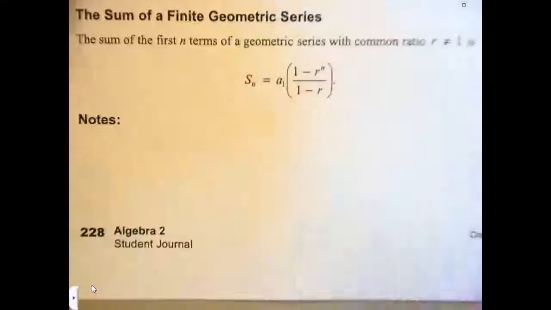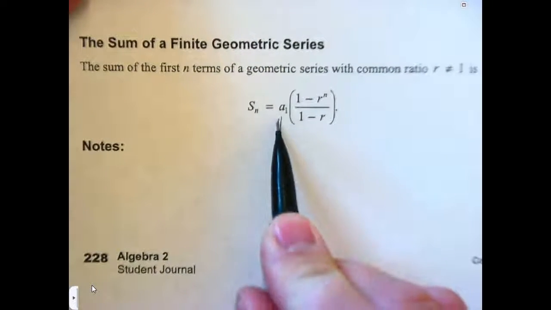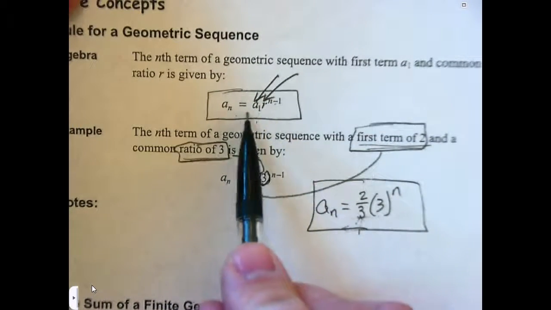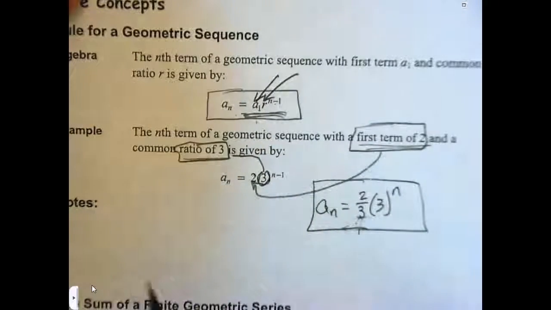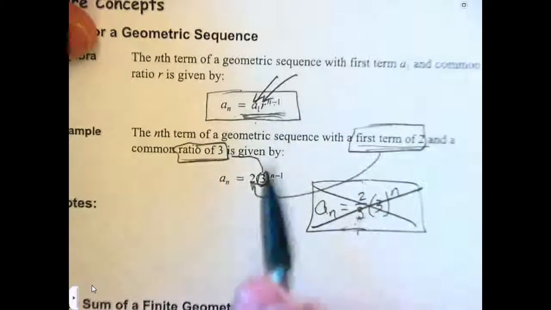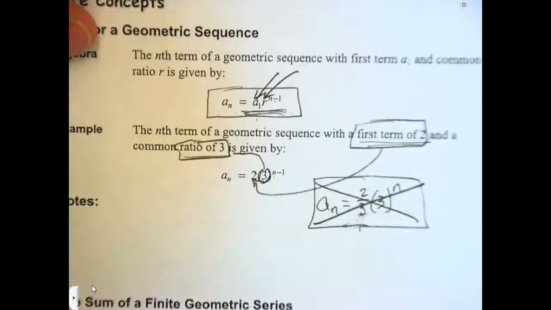And when you use your summation formula, a sub 1 we use right here, so it's really nice to have a sub 1, which is why we try to keep our geometric sequence in that formula. So I'm not going to reference that. I'm going to keep it like this being a sub 1 and that being r. Okay? Though they do equal the same thing.